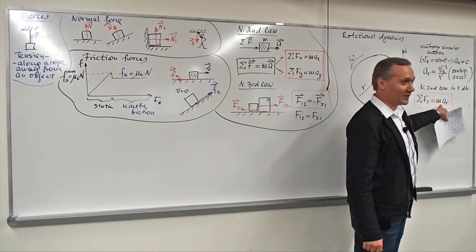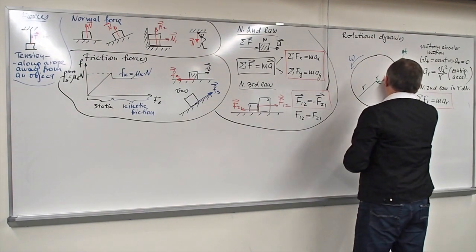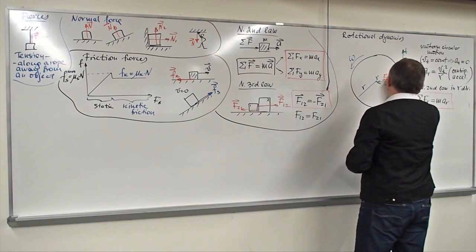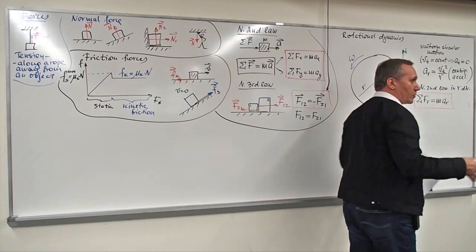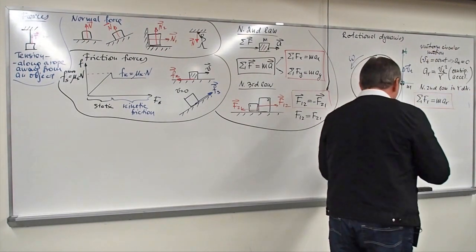Mass cannot be negative. So this will be our net force in the radial direction, which we can call centripetal force. But I usually prefer to use real names: normal force, tension, gravitational force, and so on.